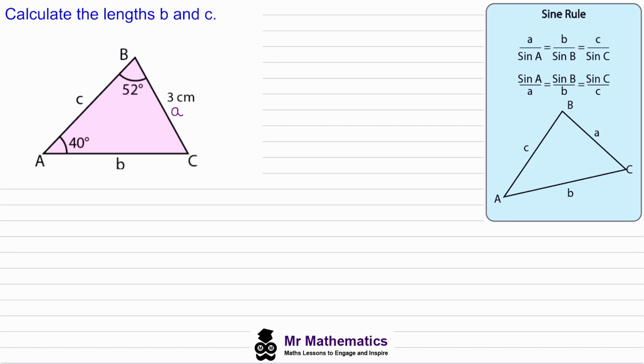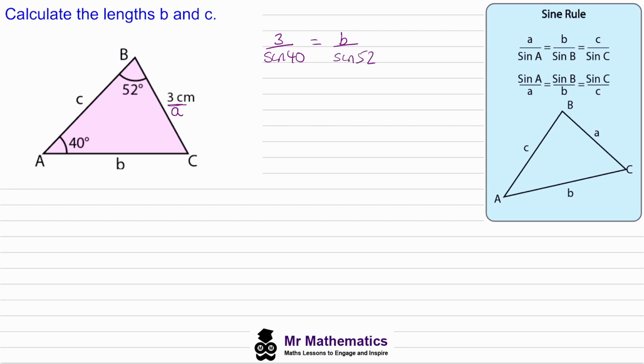Because we have an opposite pair of length and angle, which is this one and this one, we'll start with these. So we'll say a, which is 3 centimeters, over the sine of angle A, so the sine of the 40 degrees, will equal the length b over the angle capital B, so over sine 52.